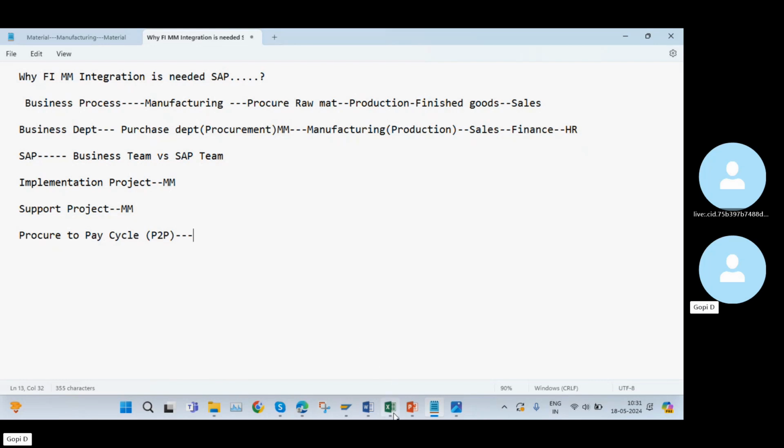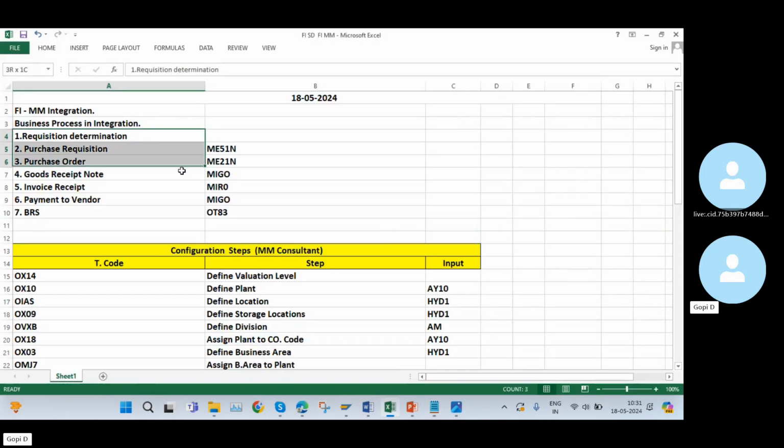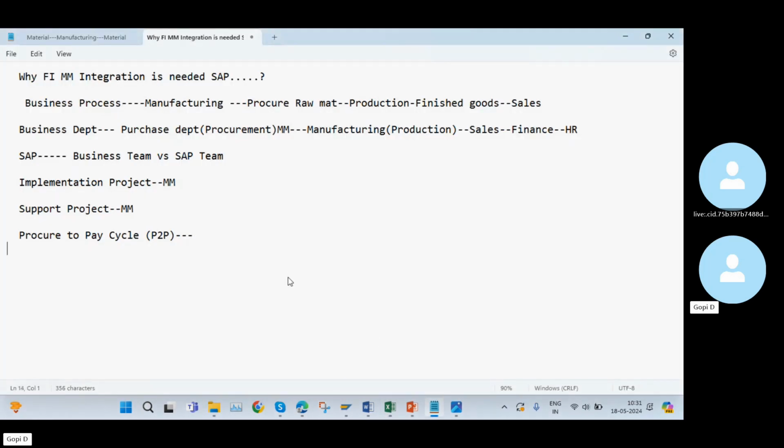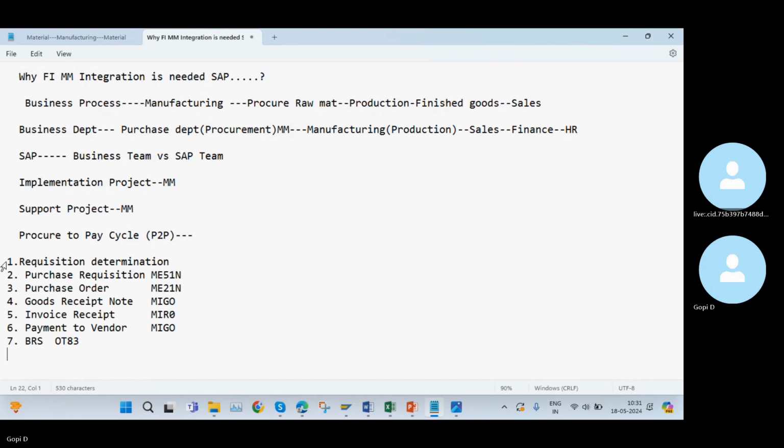Usually in this cycle, the first item is requisition determination. This is not important, especially when we receive a requisition determination from the SD module or the PP module. It does come into the picture, but right now I am eliminating this one.